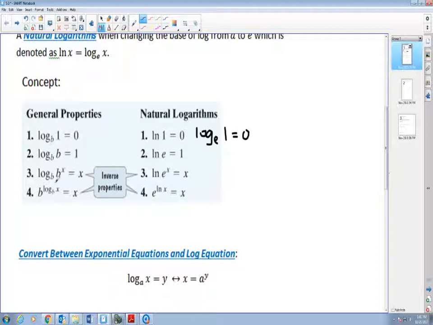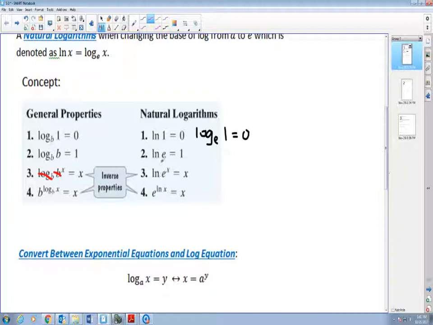Let's look at this one down here. Number 3, log with any base b of b to the x power, my answer will equal x. What that tells us is the log with the base b and the base b kind of cancel each other out, so the only thing left over is my x.